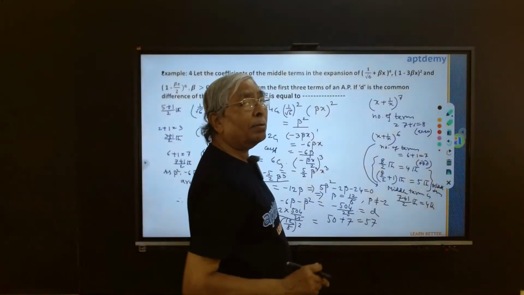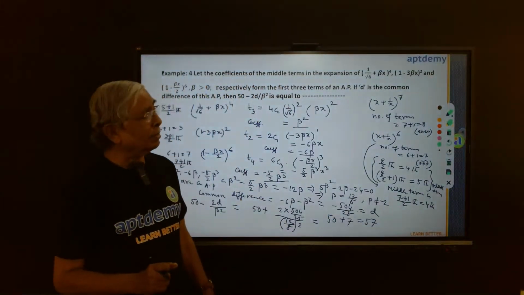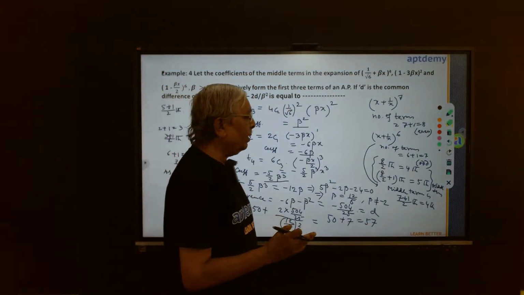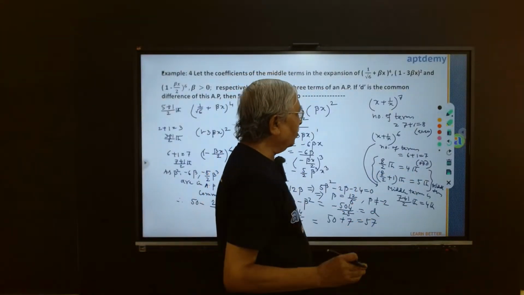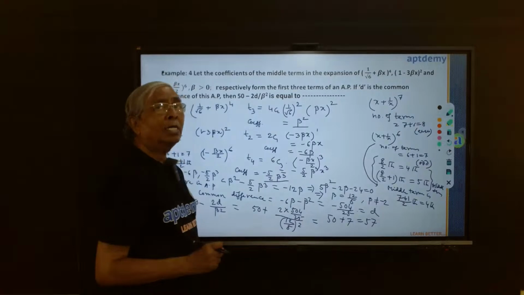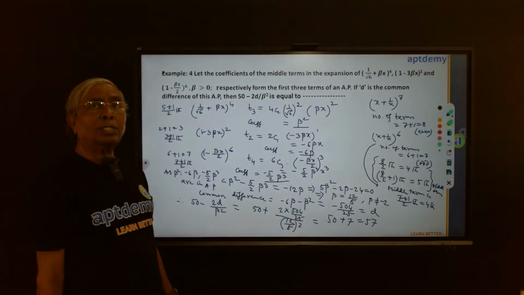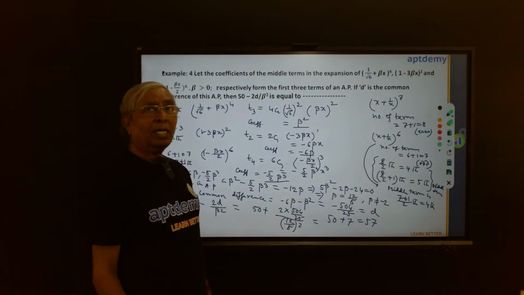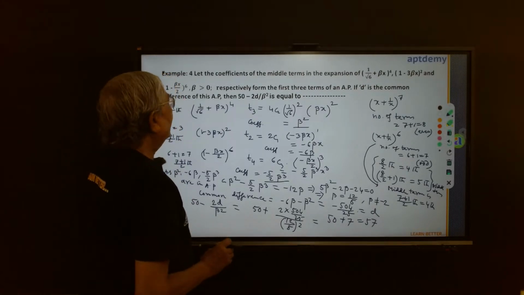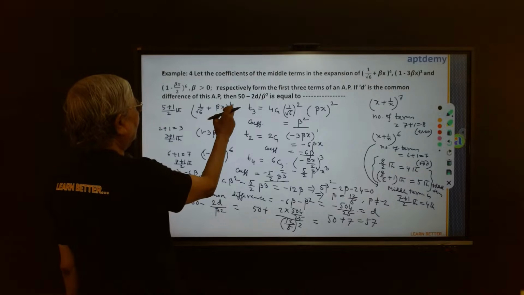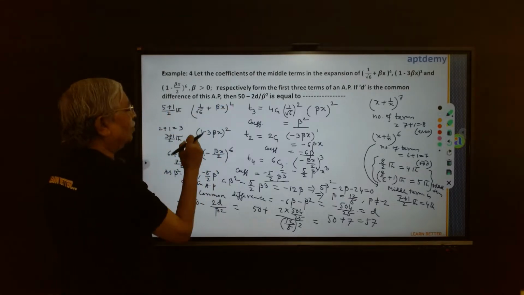And if the number of terms is even, there are two middle terms, the n by 2 th term and the (n by 2 plus 1) th term. Here in the first expansion, the number of terms is 5, which is odd. So the middle term is the (5 plus 1) by 2 th term.